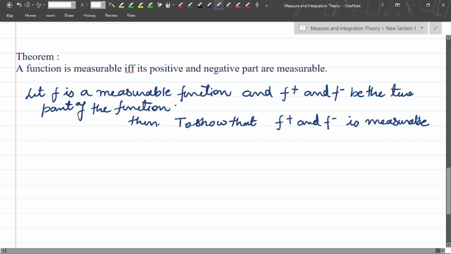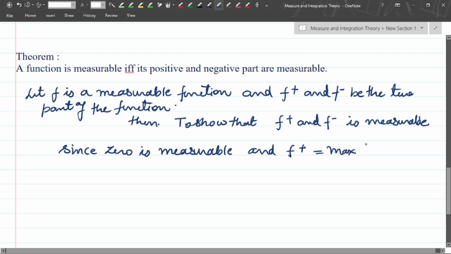Now, since 0 is measurable, and f plus is equal to the maximum of f and 0, and f minus is the minimum of f and 0.